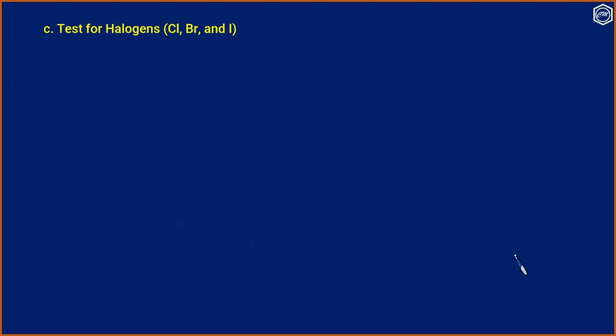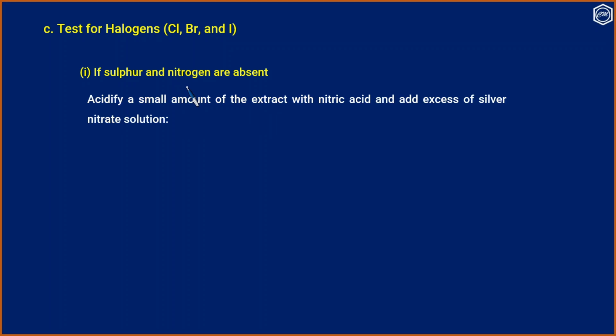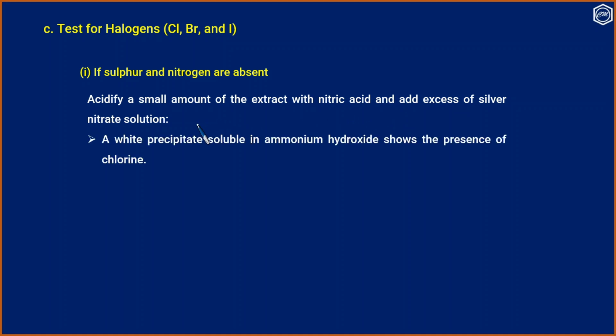Next is the test for halogens. By halogen we mean chlorine, bromine and iodine. If sulfur and nitrogen are absent, we acidify a small amount of the extract with nitric acid and add excess of silver nitrate solution.